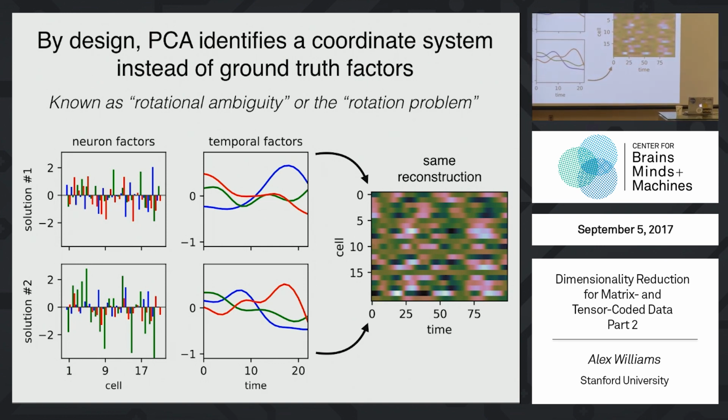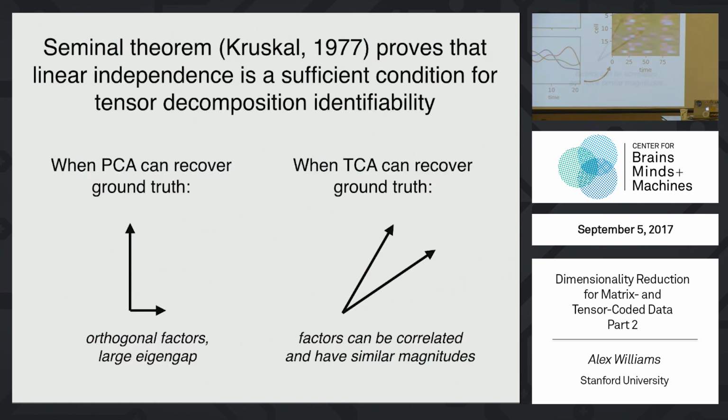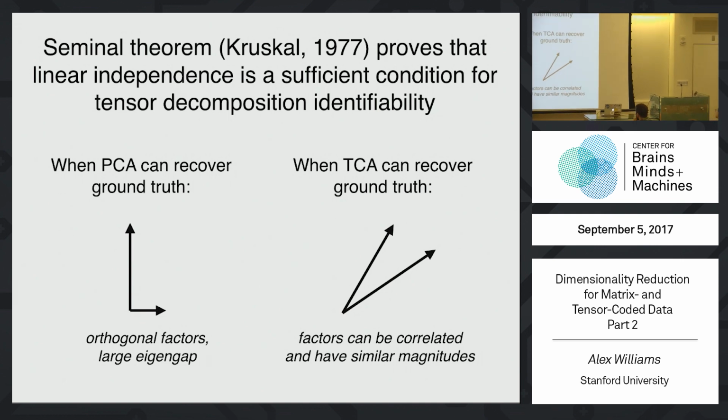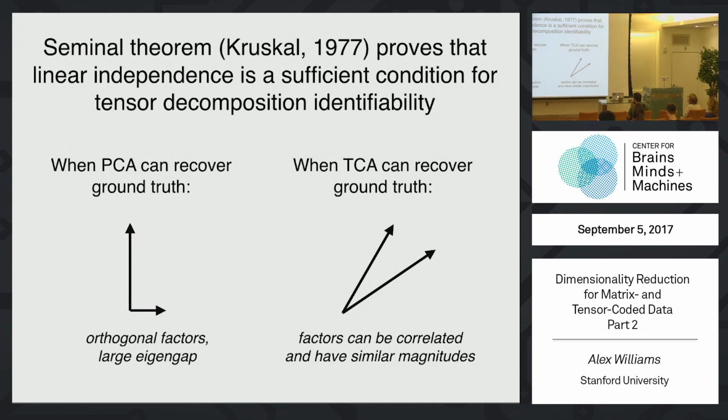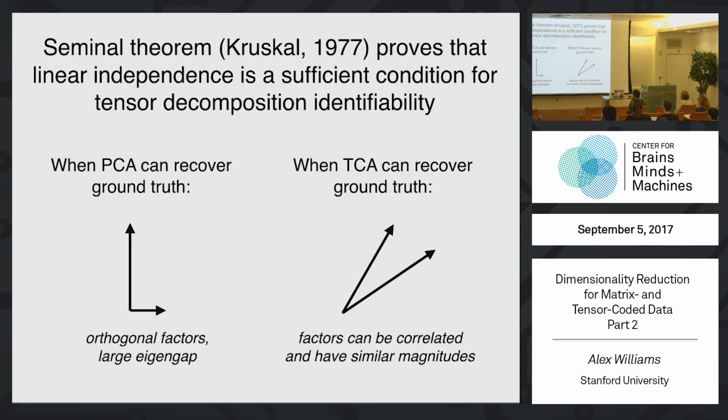It has this rotational ambiguity that I told you about. And remarkably, there's a seminal theorem by Kruskal in 1977, which proves that this particular tensor decomposition can recover the ground truth factors, even if they're not orthogonal to each other and even if they have similar magnitude. Whereas PCA only recovers the ground truth parameters if you assume they're orthogonal and there's a large eigengap between them. So basically, this model has a hope of picking out features in your data that are more intrinsically meaningful than PCA.